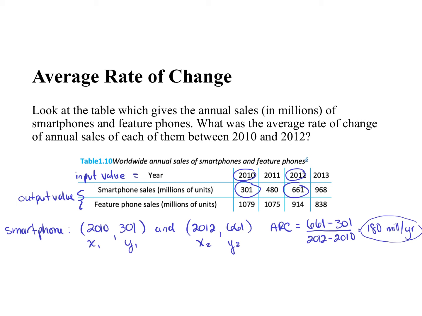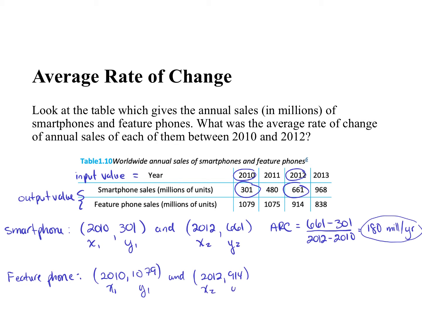Now for the feature phones, I don't even know what a feature phone is, but for the same interval, those points are 2010, comma 1079. Again, you can think of this as x sub 1, y sub 1. And in 2012, their sales were 914 million units.